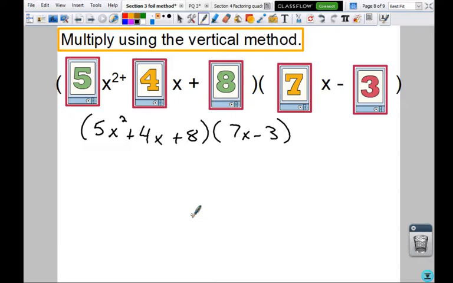X squared. That's an 8. Thanks. Wait, right here or right here? Oh yeah, that's an 8. 7x. Because of this one right here, I made a negative 3.